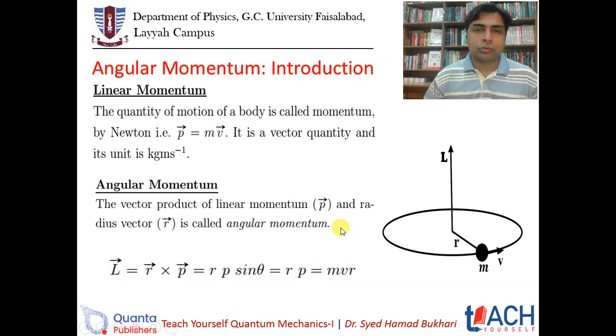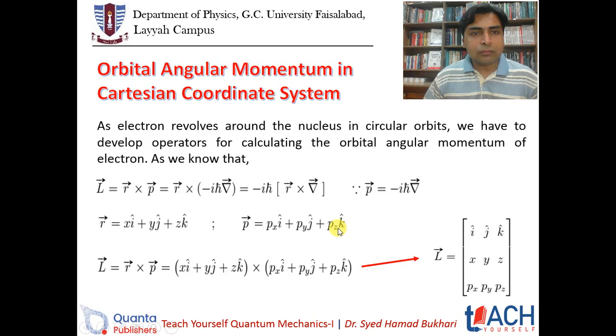So these were just a few previous concepts. So now we're going to study the orbital angular momentum in Cartesian coordinate system. As we know that angular momentum is a concept in 3 dimensions, so we have to use the Cartesian coordinate in defining its motion.